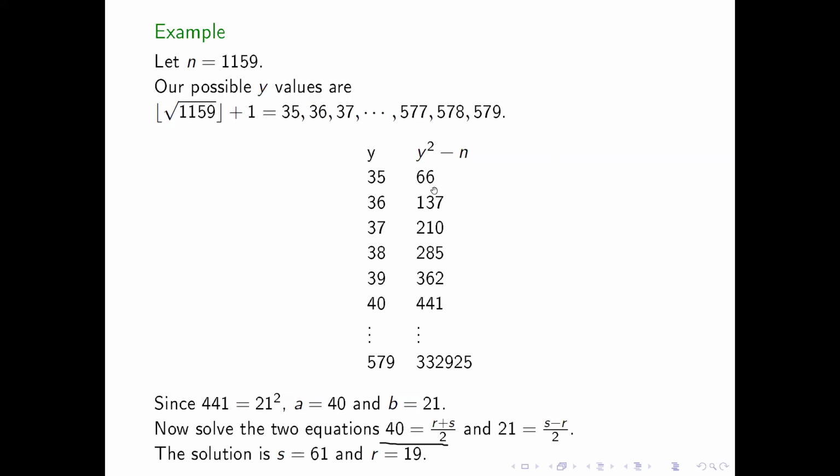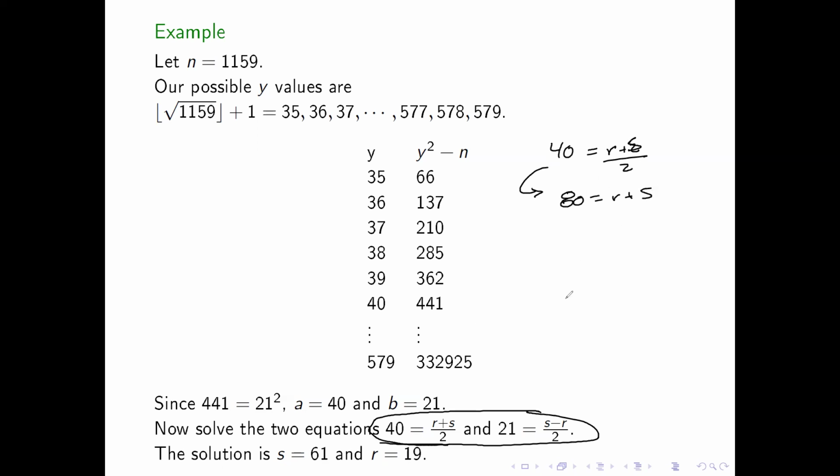And again, the way I solved this, I just made this a system of equations. If I have these two equations with two unknowns, it's just a system of equations. So again, I'm going to write them above it. 40 equals r plus s over 2, which I can write as 80 equals r plus s.